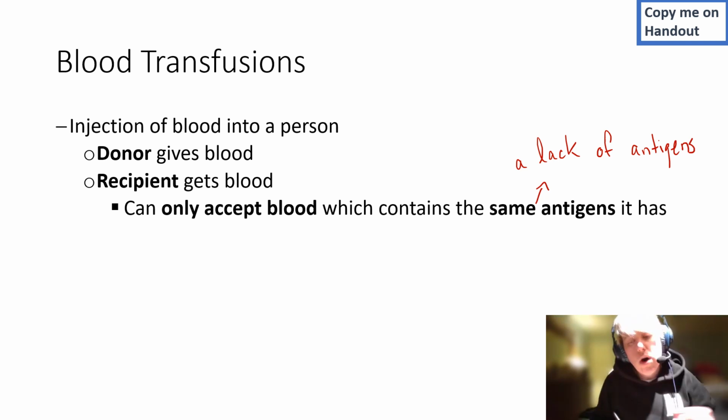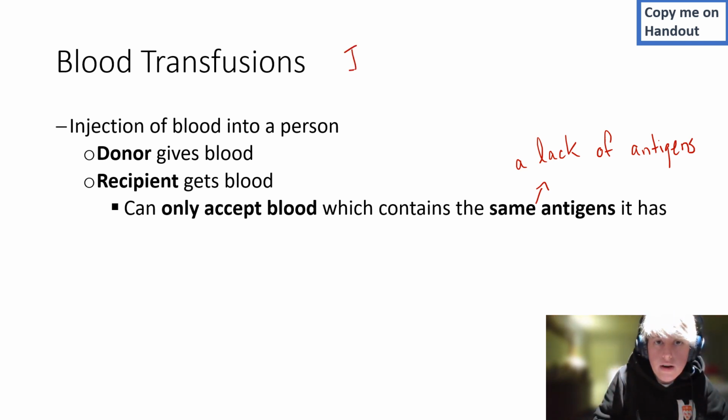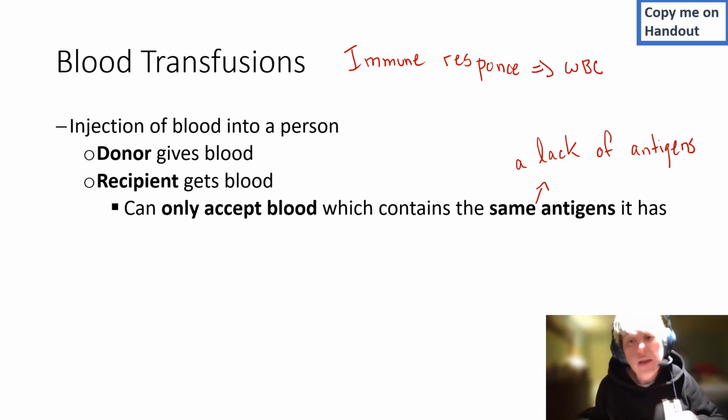And the reason why has to do with our immune response. And the cells that are responsible for our immune response is our white blood cells. So what happens is that if blood enters an individual with protein markers, with antigen markers that are not found commonly in the recipient's blood stream, well, that person's white blood cells are going to mark this blood as foreign.